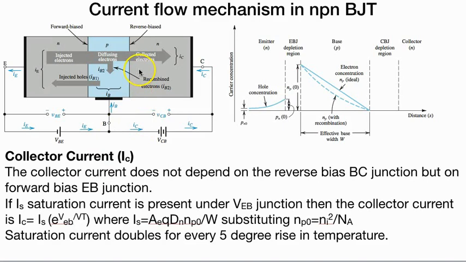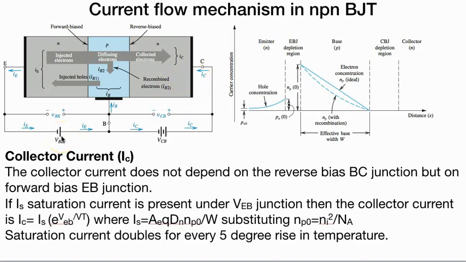Collector current is the current IC in the collector region. The injected electrons minus those electrons which recombine with the holes in the base to form electron hole pairs, the remaining ones that reach the collector region, are termed the collector current.